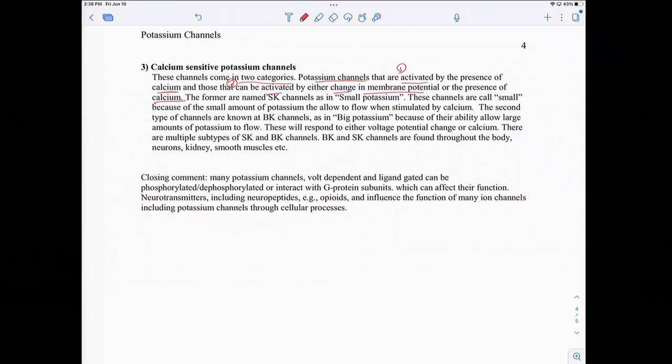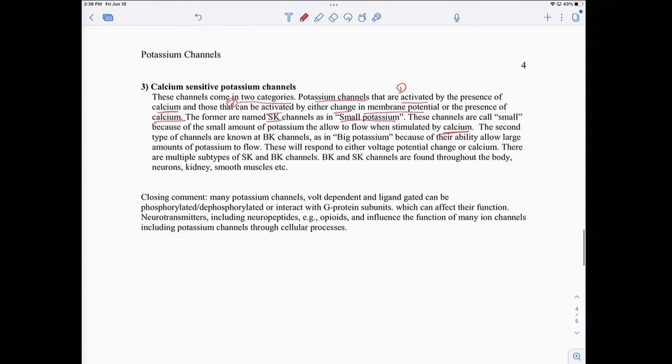The former are named SK channels, as in small potassium. Small potassium means that it just allows a little bit of potassium to go through. So again, they can flow through when they're stimulated by calcium, but not a large current flows through here.